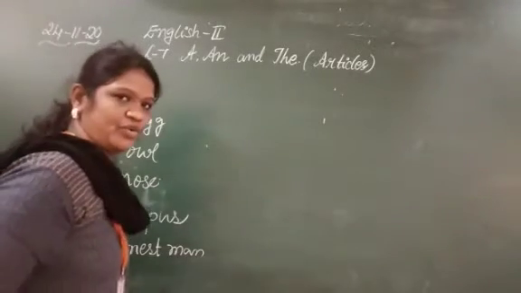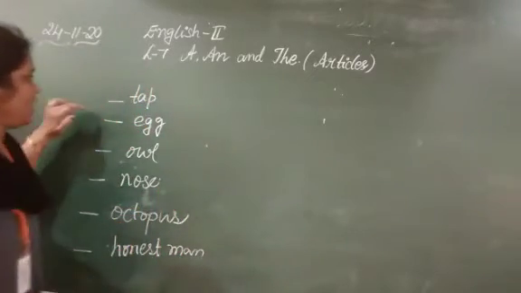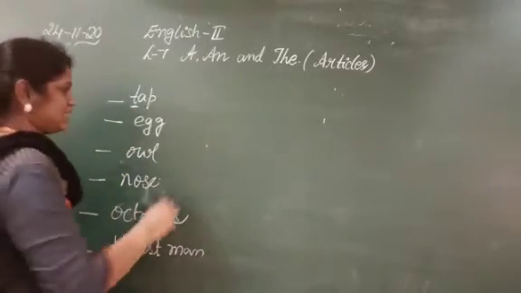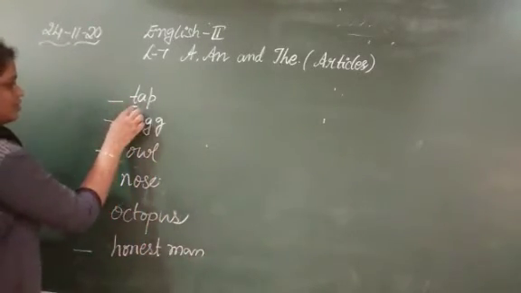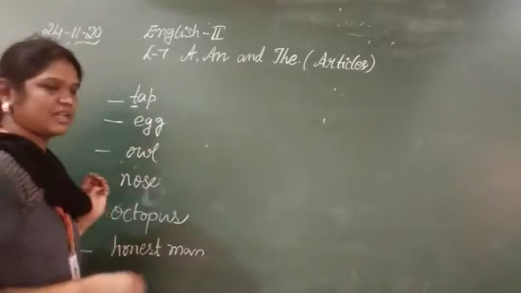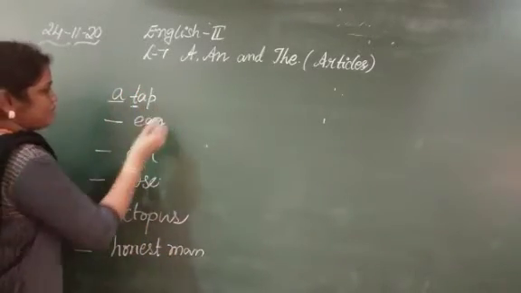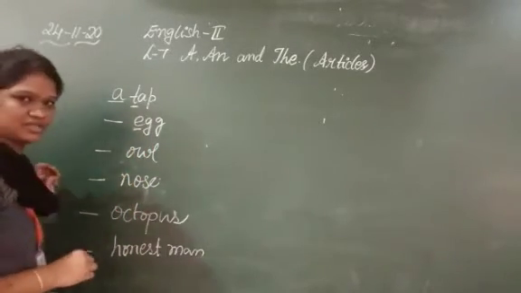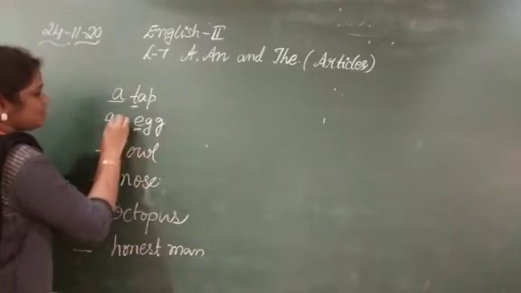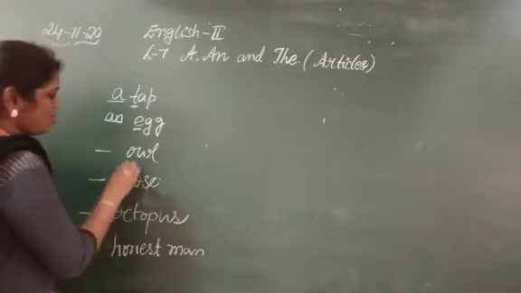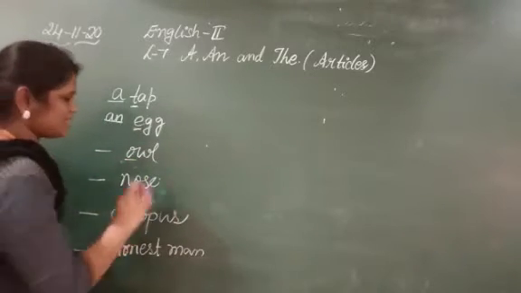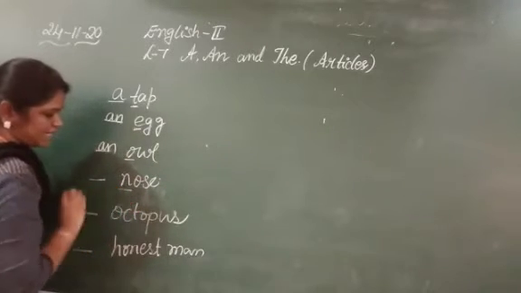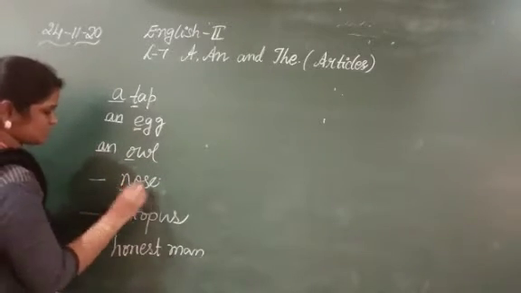See children, here are a few examples. What is this? T is a consonant letter. So what article will come before it? A tab. See, E, egg. E is a vowel sound. So we are going to use an egg. O is also a vowel sound. So an owl. Nose: N is a consonant letter.